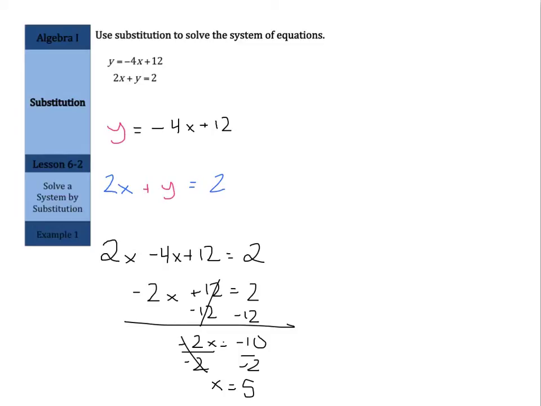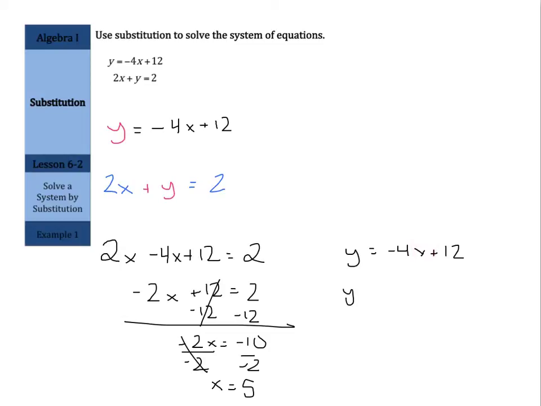What we can do now in step 3 is to take either equation, either the y equals negative 4x plus 12 or the 2x plus y equals 2, and put in our x. I'm going to take our y equals negative 4x plus 12. Again, you can use either. And I'm going to put in the 5 for x.